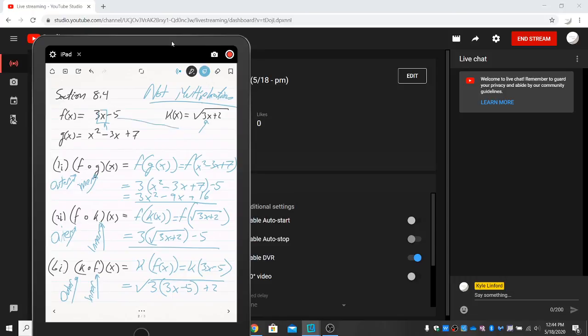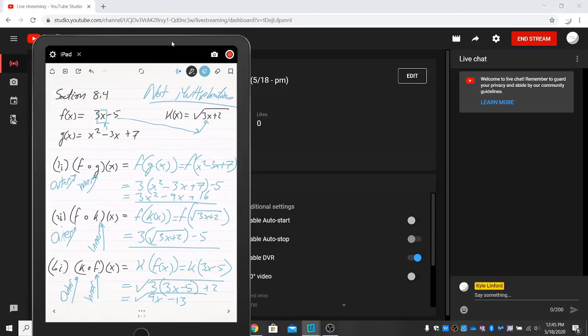You could simplify this if you wanted. It's the square root of 9x minus 15 plus 2, but minus 15 plus 2 is minus 13. And there you go. You should be good with that.